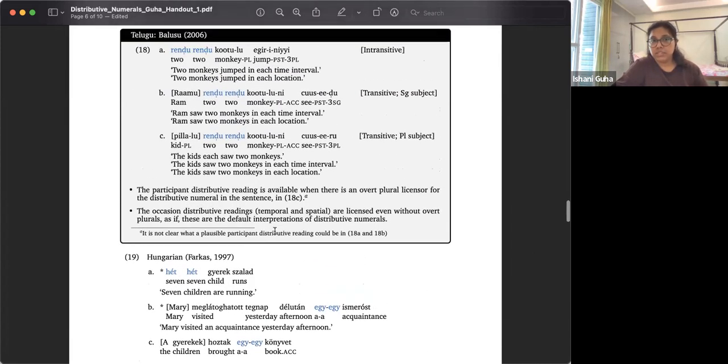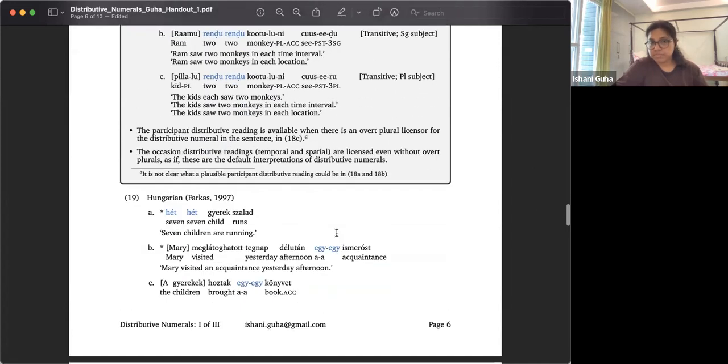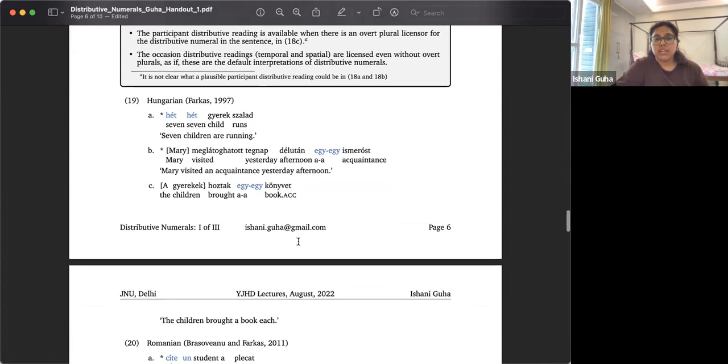Compare that with 18B. Third one, with a plural subject, the children brought a book. So one book each. It has the reading that each of the children brought one book. So the participant distributive reading is available.